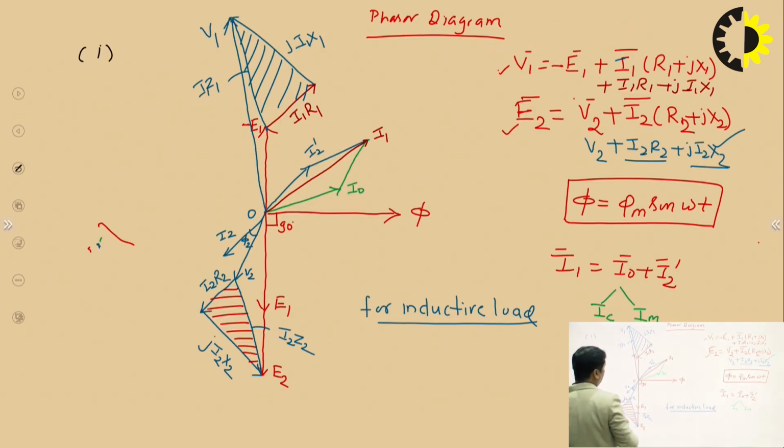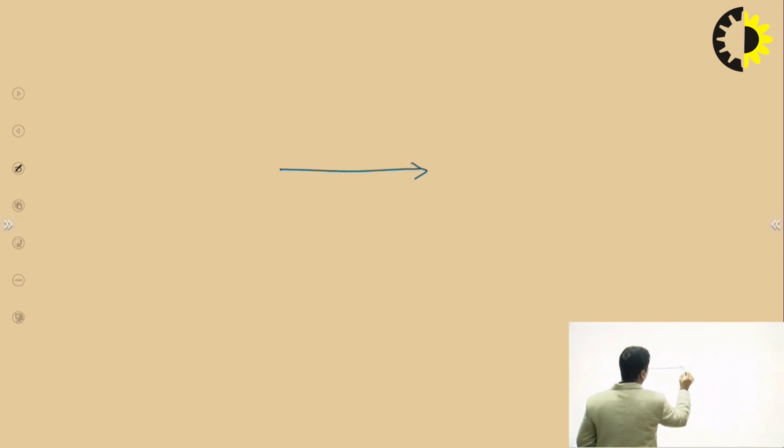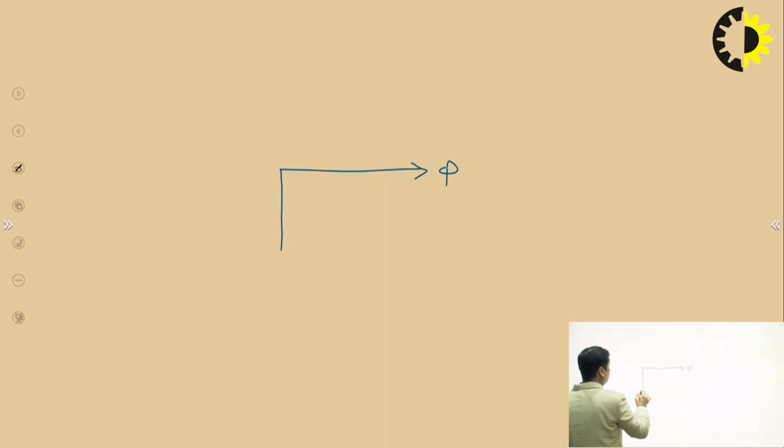Similarly, you can draw it for the capacitive load, where the current will lead the voltage by an angle. For example, for the capacitive load, I am just trying a few steps. Like this is phi, this is E1. So if this is your V2, then for a capacitive load this must be your I2.